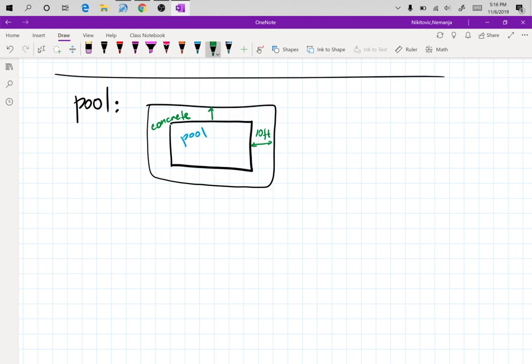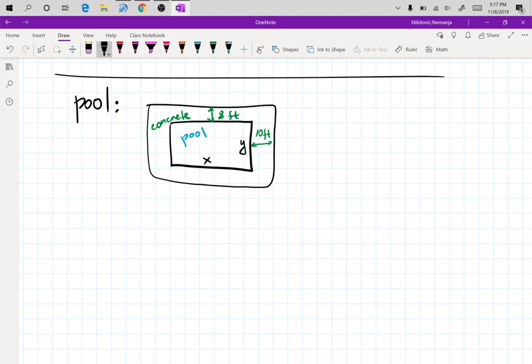So this is 10 feet, and this, let's say you want this to be 8 feet, at least. You have your dimensions inside, an X and a Y.